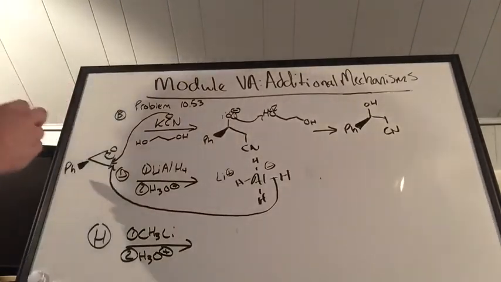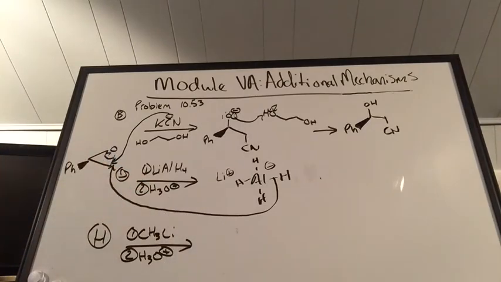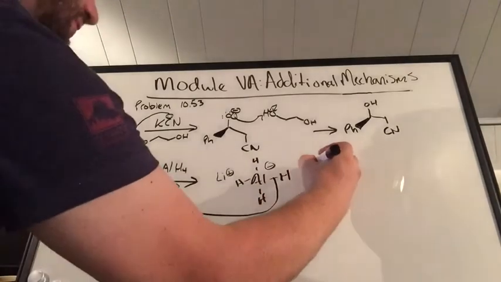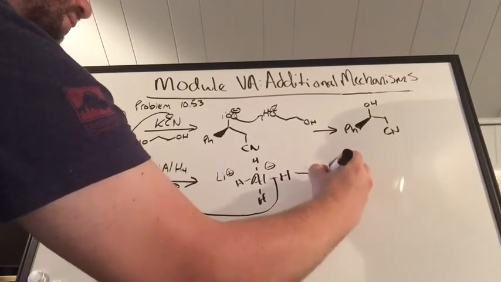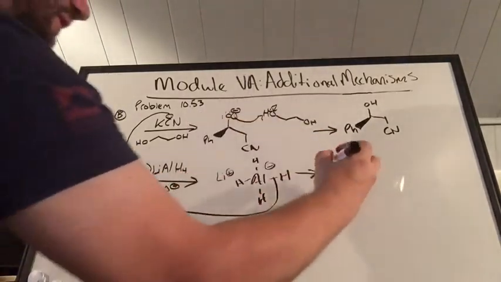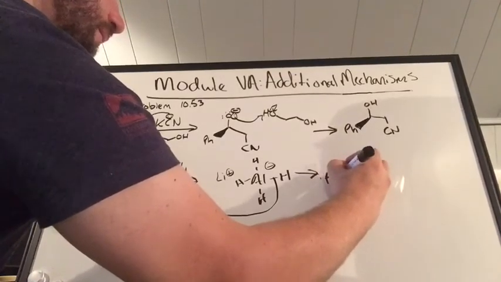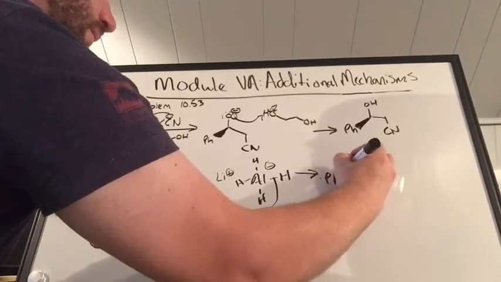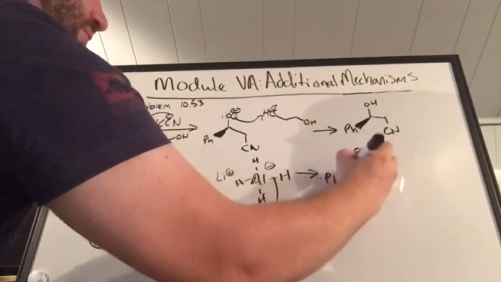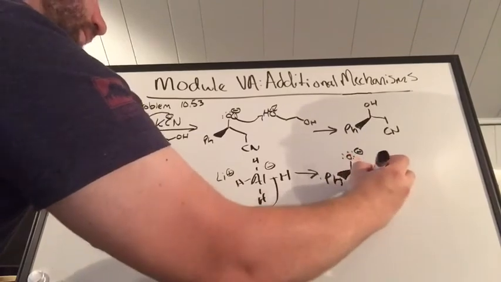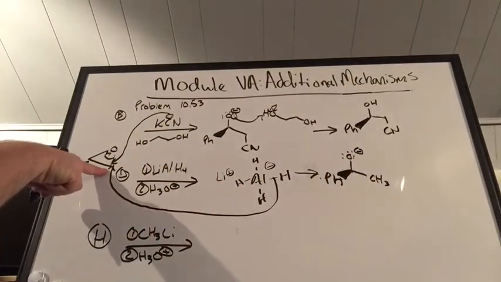Okay, so this is also going to pop the ring open. But then the second step, you need to acidify, because you're basically going to get this without the cyano group, right? Instead, you'll just have a methyl group there. Again, because there's two hydrogens right there.